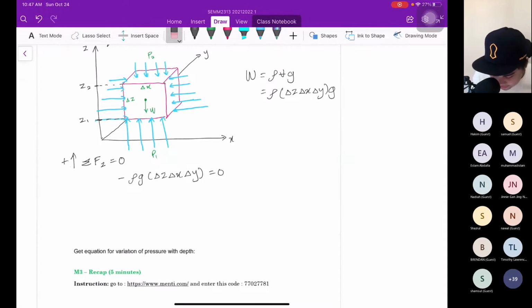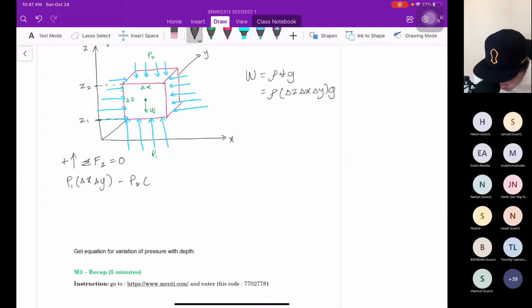So this is the force, not pressure. Definitely, we must have P1 multiplied by the area. What's the area? Delta X multiplied by delta Y. Correct.